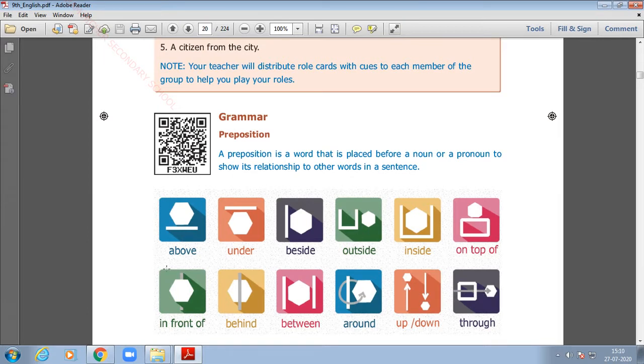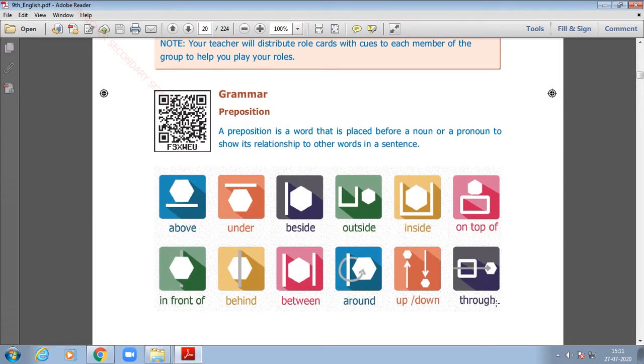Now look at the usage of the prepositions given here. The sun shines above my head. Under, beside, outside, inside, on top of, in front of, behind, between, around, up and down, through.